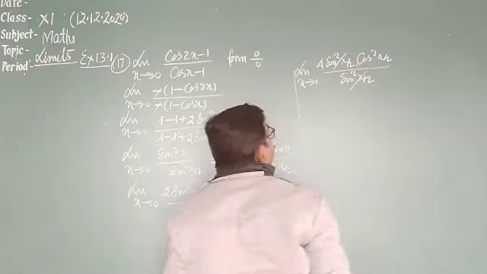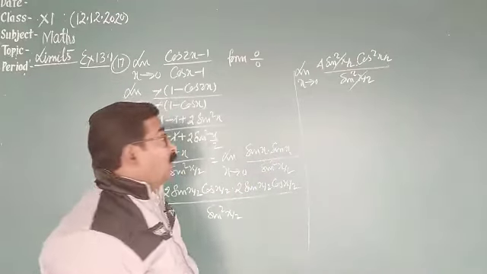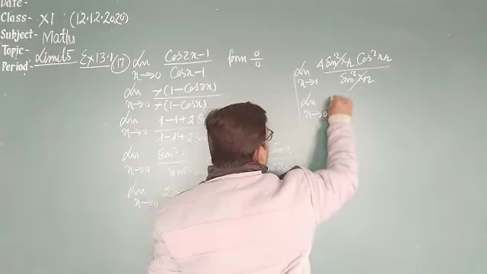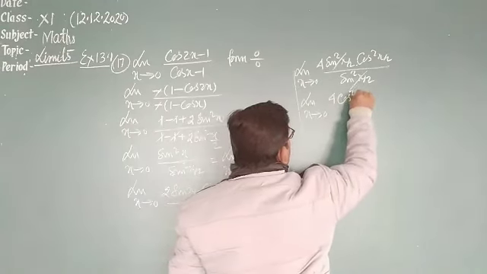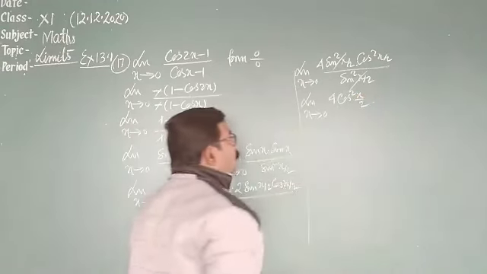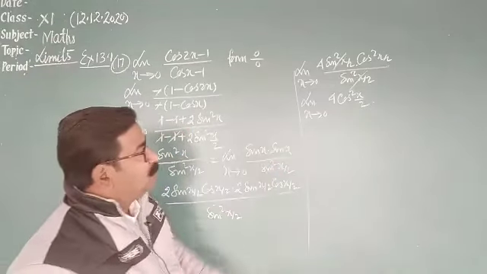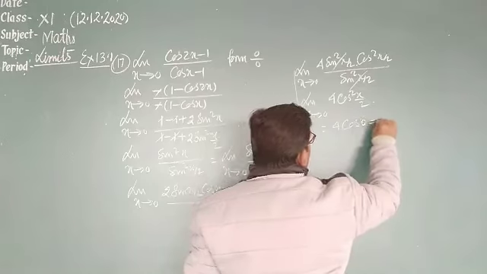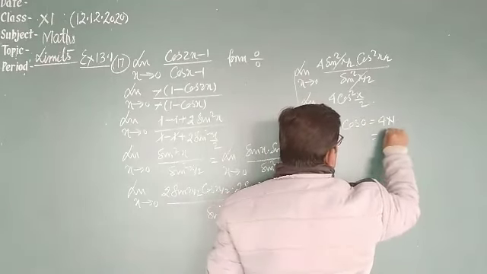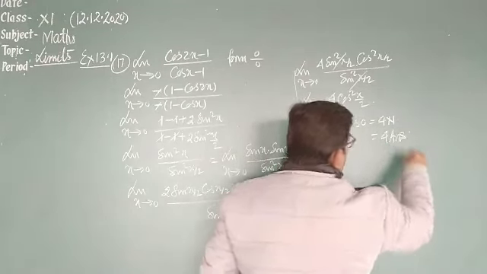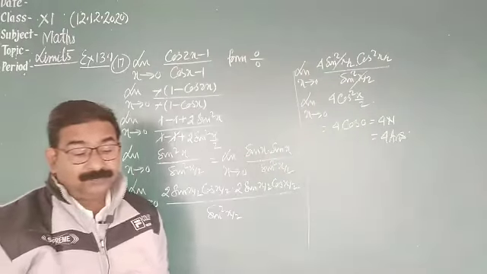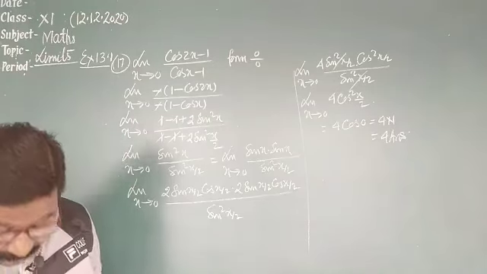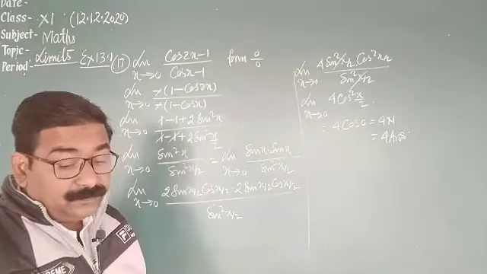This will go. Now we have limit x tends to 0 of 4 cos square x by 2. Now put x is equal to 0. So we have 4 cos 0, which is 4 into 1 is equal to 4, the answer of this question. See this question, very interesting.